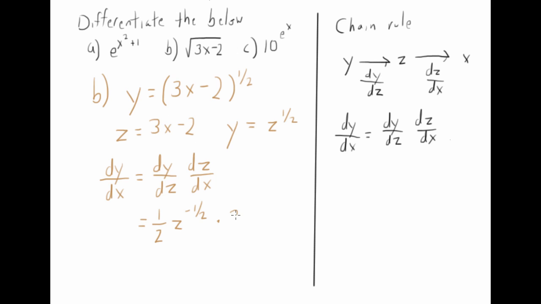That's just 3. I've got a z, can't have a z in there. So this is going to be 1/2 times 3x minus 2 to the negative 1/2 times 3. So note, what happens is the derivative of blah to the 1/2 is 1/2 blah to the negative 1/2 times the derivative of blah.